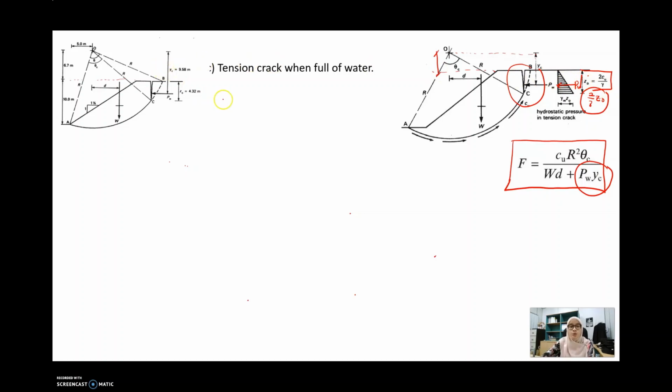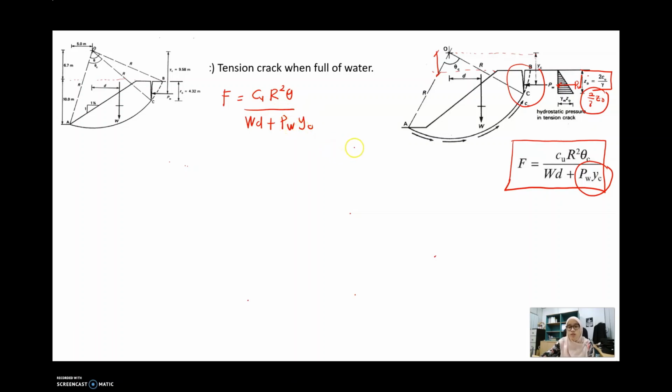Okay, now we try to solve the factor of safety for the condition of tension crack when full of water. So factor of safety is equal to Cu times 2R squared theta divided by WD plus 2 PWYC. Where is the unknown value in this equation? Actually, the unknown value for this equation is only PW.